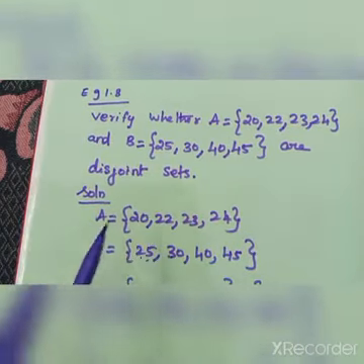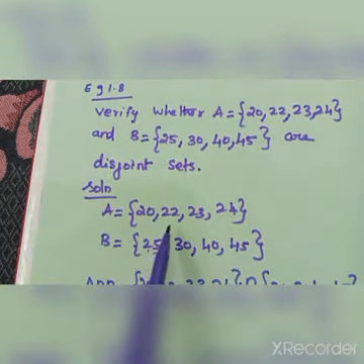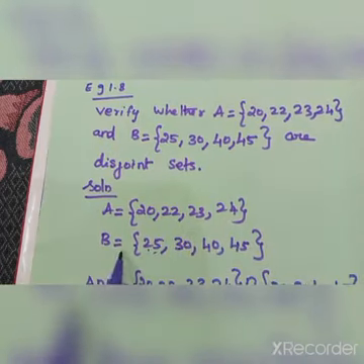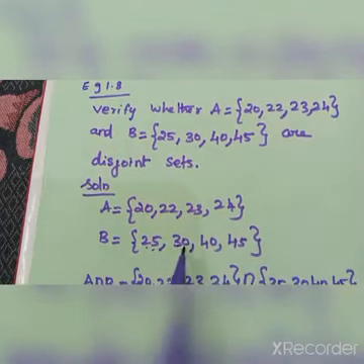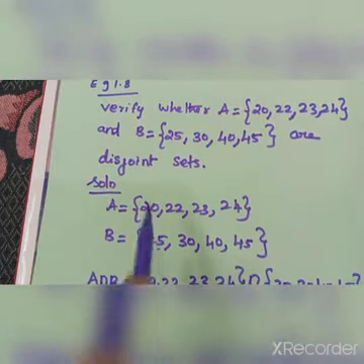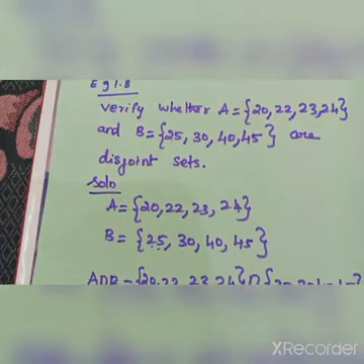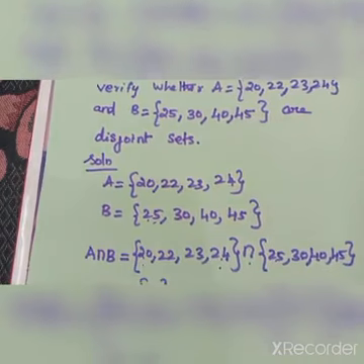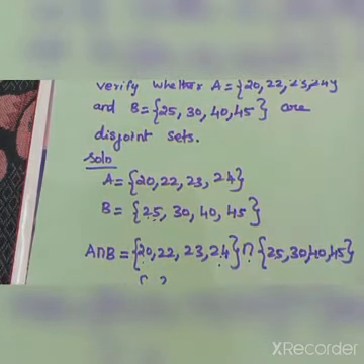So disjoint sets, you know the definition. What is meant by disjoint sets? Two sets A and B are said to be disjoint if they do not have common elements. So we have to check whether the sets A and B have common elements or not.